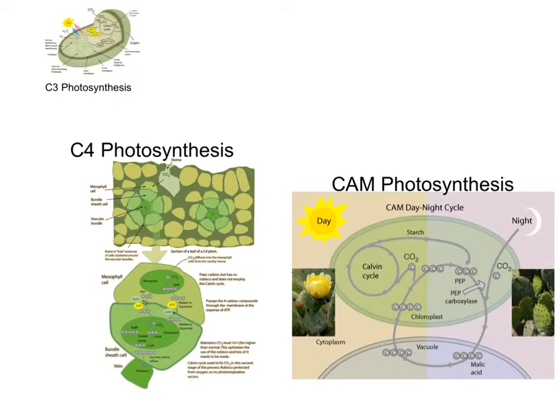And the idea is that by first capturing the CO2 using this enzyme called PEP, P-E-P, the plant is able to take that carbon dioxide and change it to malate, a 4-carbon malic acid, a 4-carbon acid. It's able to bring it into a deeper tissue where there's less oxygen and more CO2, therefore reducing the amount of photorespiration.